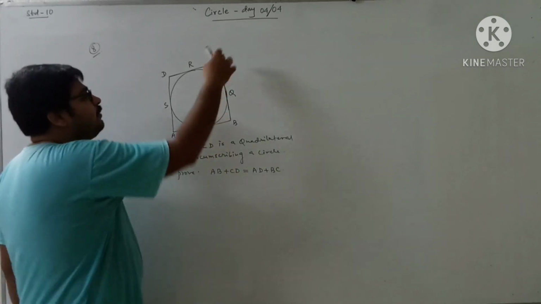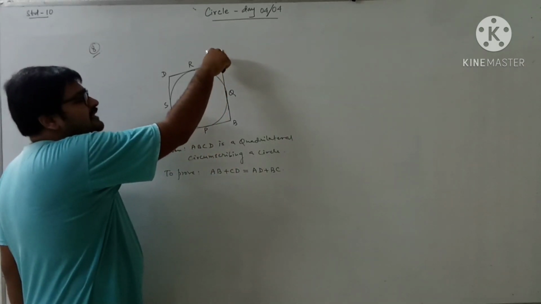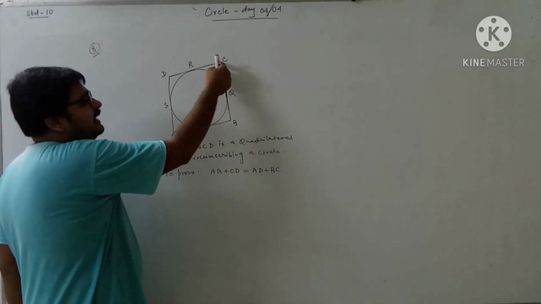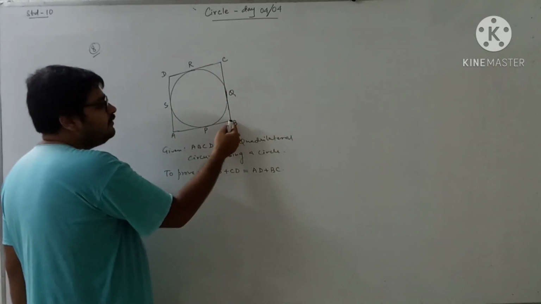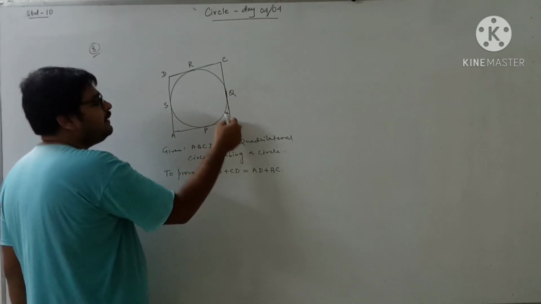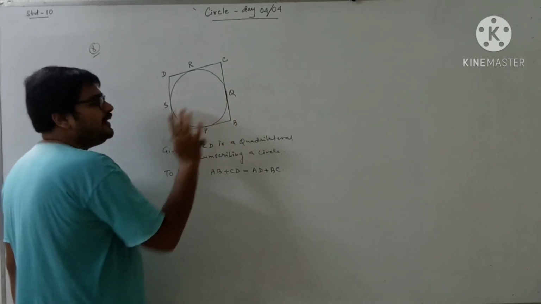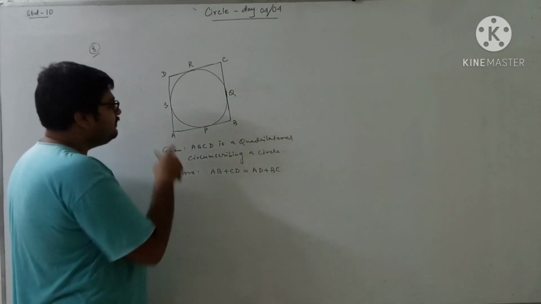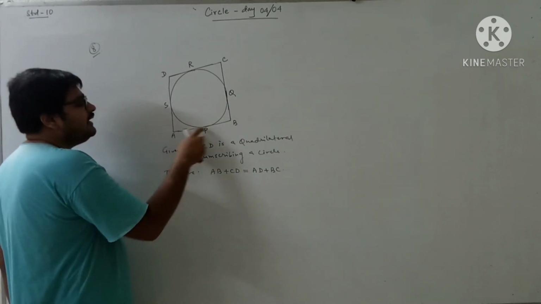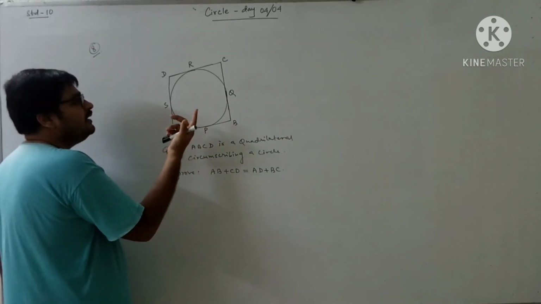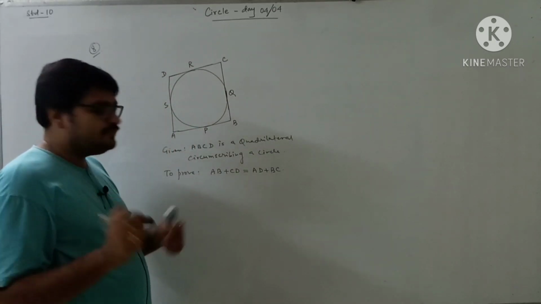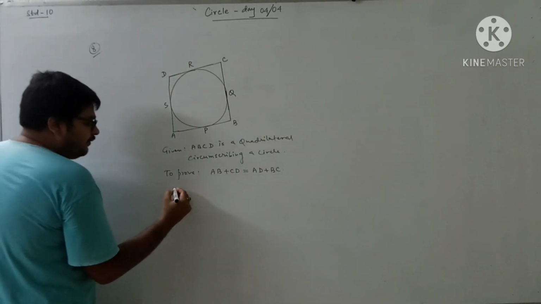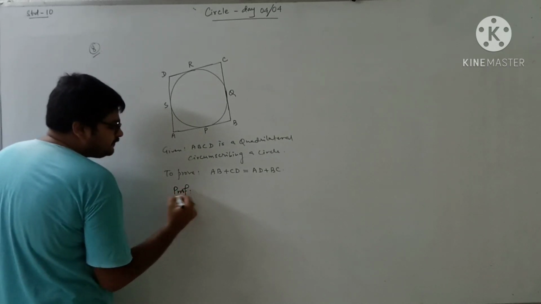So if I consider point C, from this external point the tangents are CR and CQ, so CR and CQ are equal. Similarly from point B, the tangents are BQ and BP, so BQ and BP are equal. From point A, the tangents are AP and AS, so these two are equal, and DR and DS are equal. So I think it's clear to you. So now we are studying the proof.